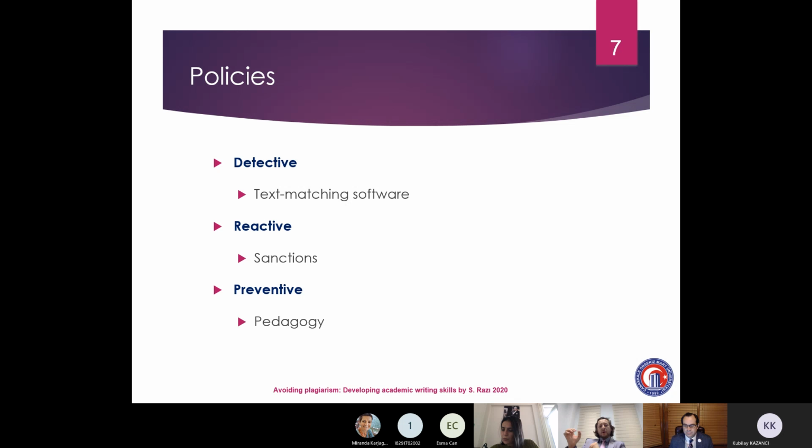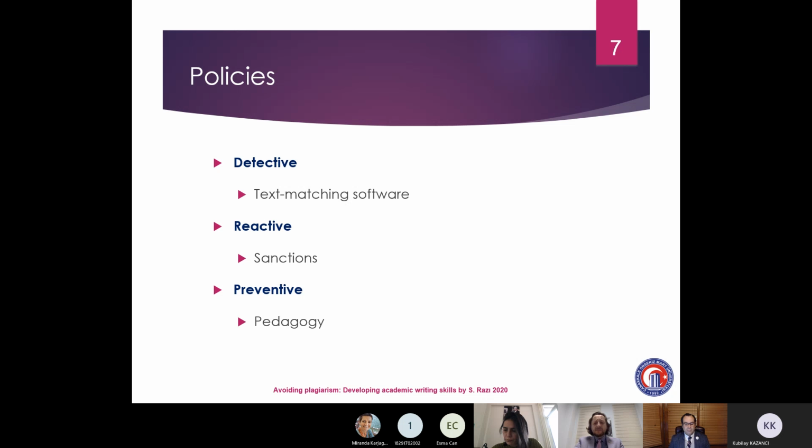And then we see that some other approaches focus on reaction. Okay, we detect academic misconduct, so what shall we do? There come sanctions. What shall we do? Shall we ask the student to complete the assignment, or shall we expel the student? So there is a range of sanctions available.